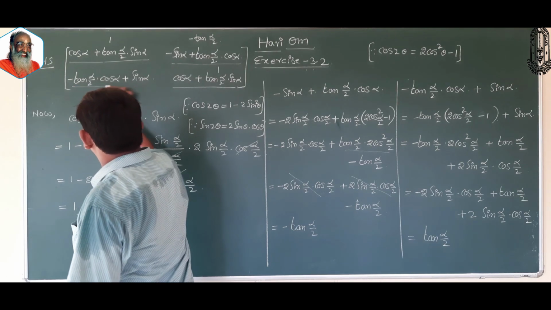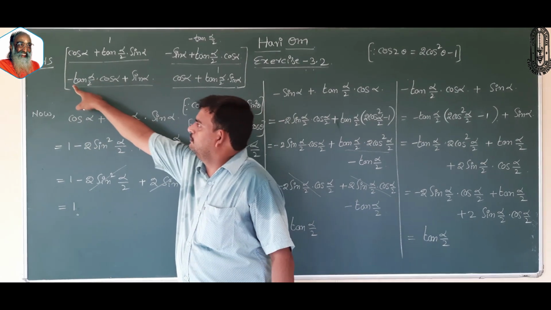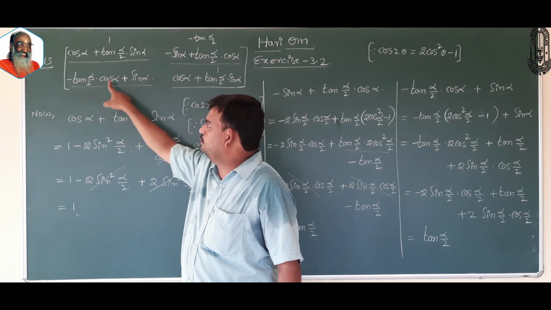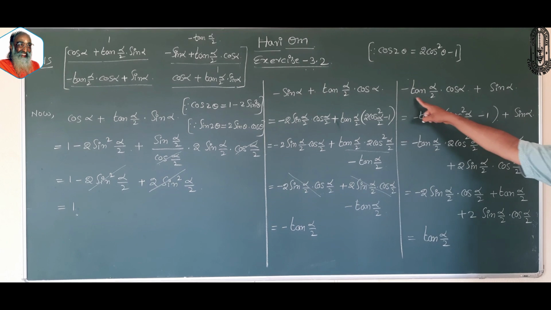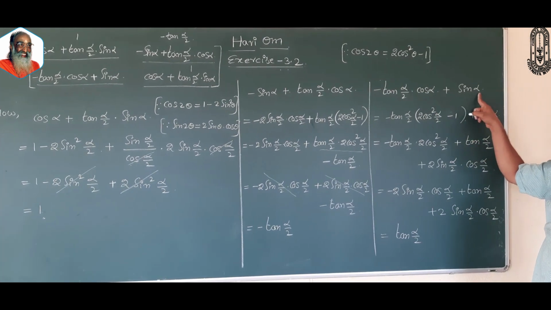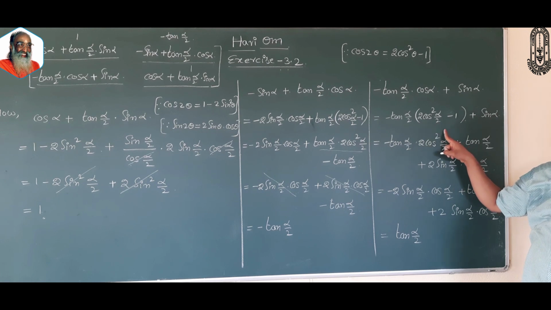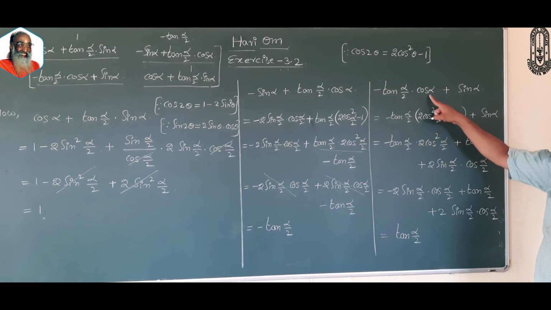And coming to the last, now we are going to simplify this value. What is this? Minus tan alpha by 2 into cos alpha plus sin alpha. The same process we are going to continue here also. Nothing is different. Minus tan alpha by 2 into cos alpha.